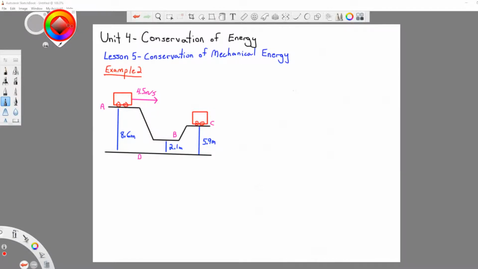Okay, welcome to Unit 4, Conservation of Energy, Lesson number 5, the Conservation of Mechanical Energy, and this is example number 2 out of 3.